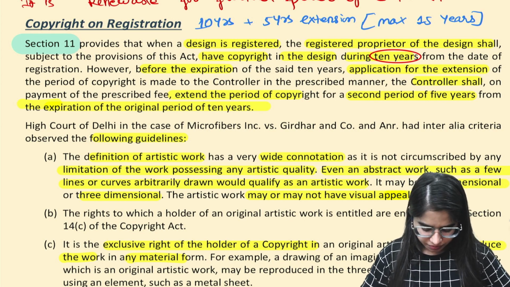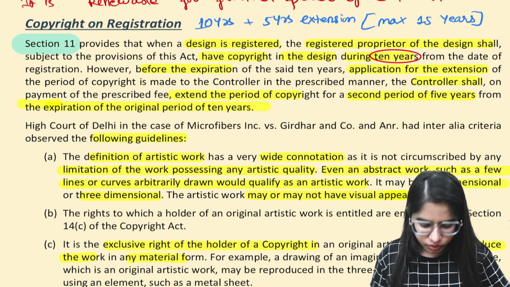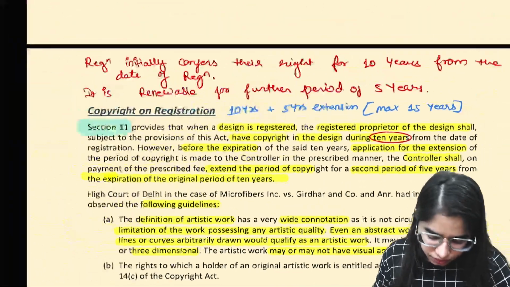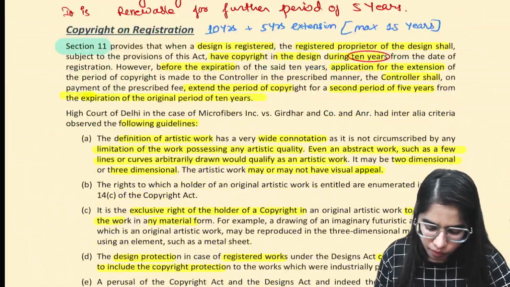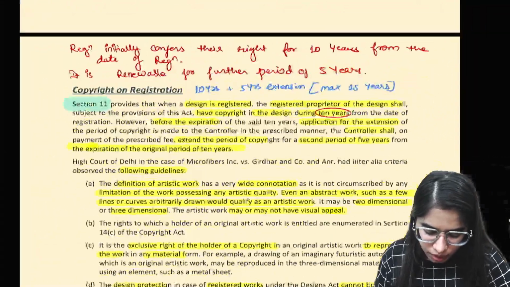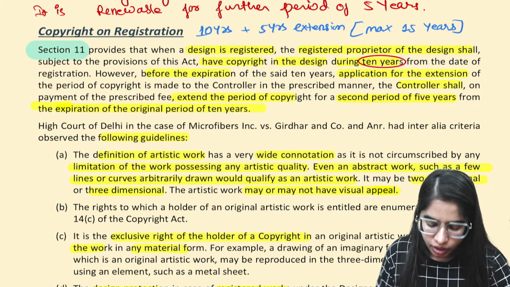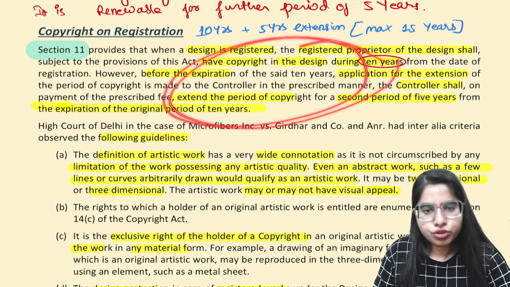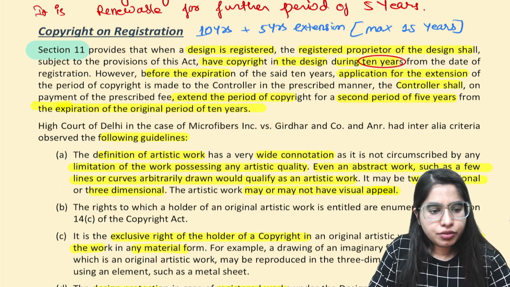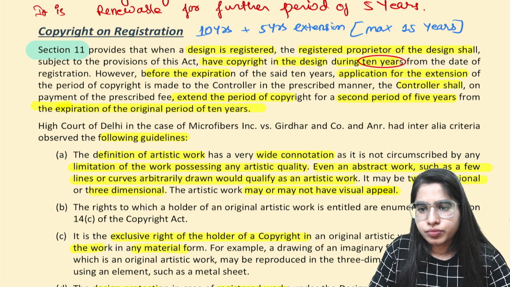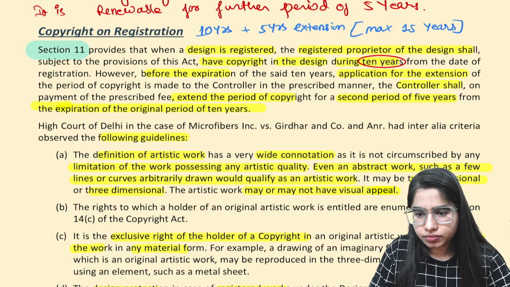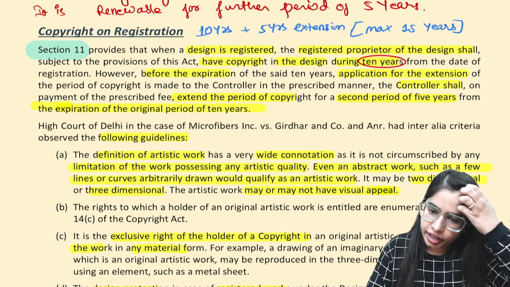Please come to page number 124. Have you read this topic? Have you read this para? This para I asked you to read. Yes, guys. Anyone read kya?